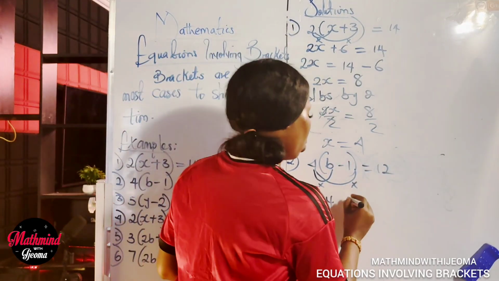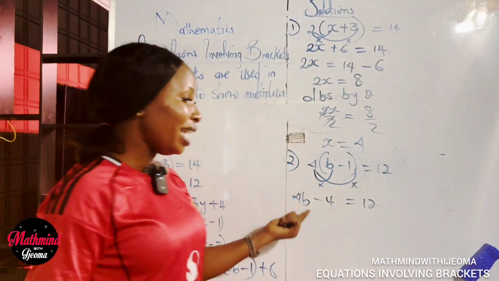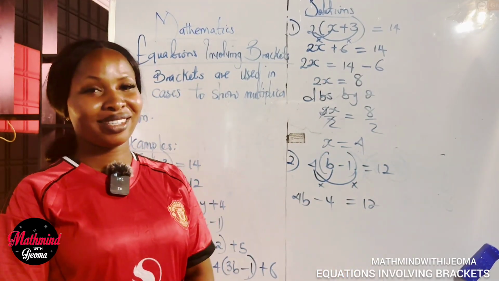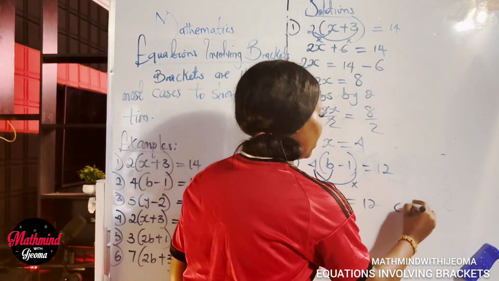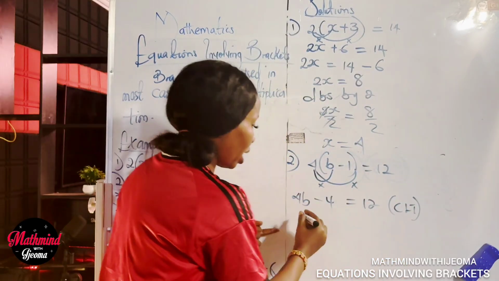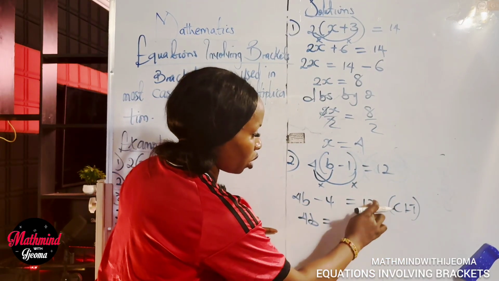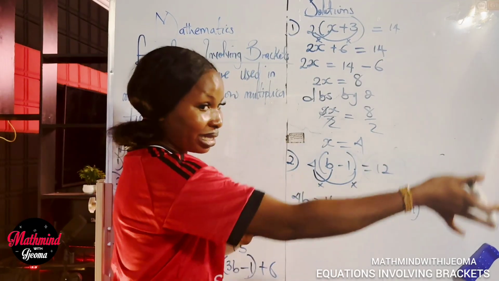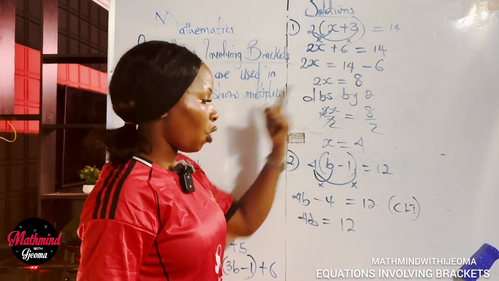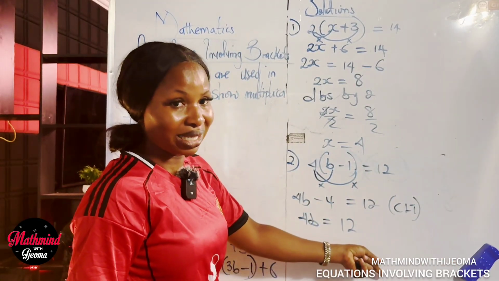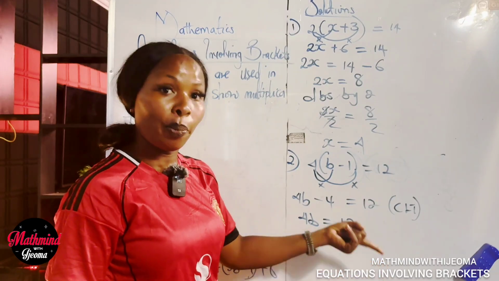Okay? Then equals 12. In this case, collect like terms. CLT. So we have 4b is equal to 12, which is already at the right hand side. Now move minus 4 to meet 12 at the right hand side. The sign will change to positive.